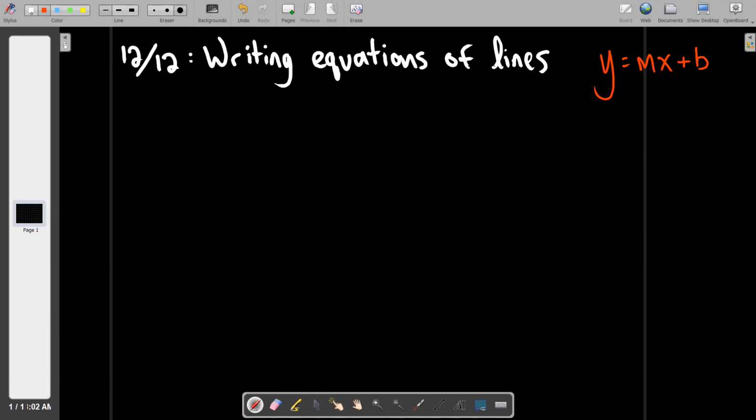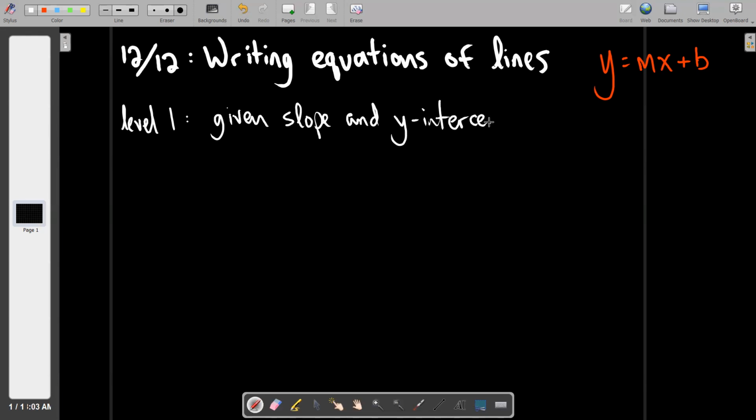Today's assignment comes at you in 3 tiers, or levels. I think that's a more friendly word. So there's level 1, and in level 1, I'm going to give you the slope and the y-intercept. Math does not get any easier than what you're about to experience.